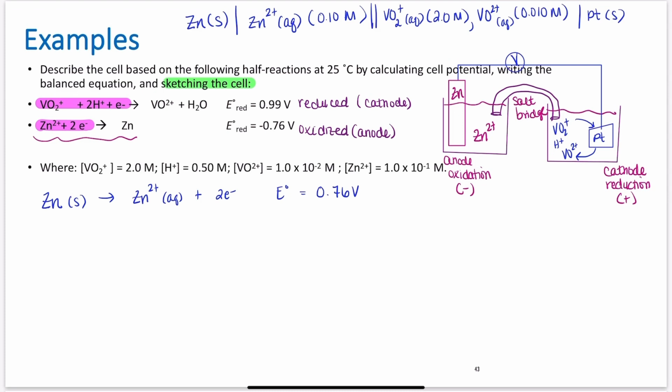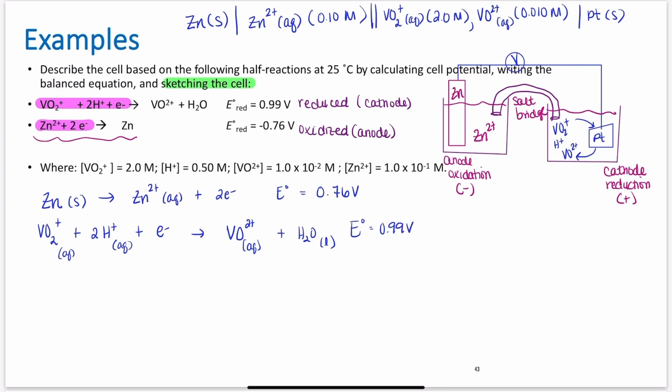The other reaction, I have VO subscript 2 plus 1 charge plus 2 H+ plus an electron, giving me VO 2+ charge plus water. Water is a liquid. Ions are going to be aqueous phase. I did not flip the reaction around, so my cell potential will stay the same at 0.99 volts.